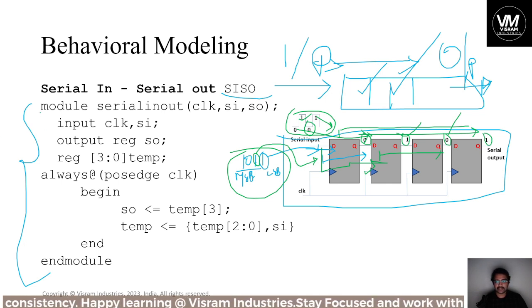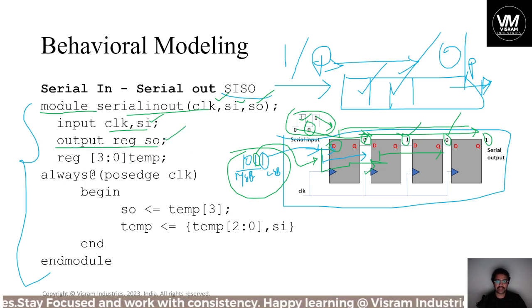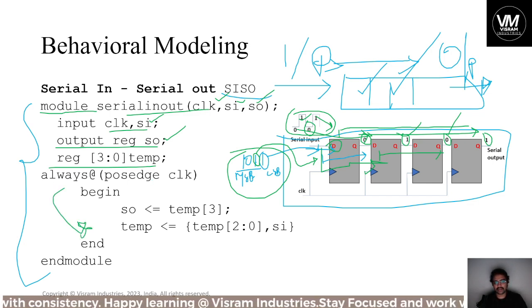For that, let us say module name, clock, input and output. For each clock, data is pushed forward through the D port in the D flip-flop, and the output register SO, and a temporary register will be there, because there is one thing in Verilog HDL. In the always block, you cannot write an in-out register, for example in-out wire.